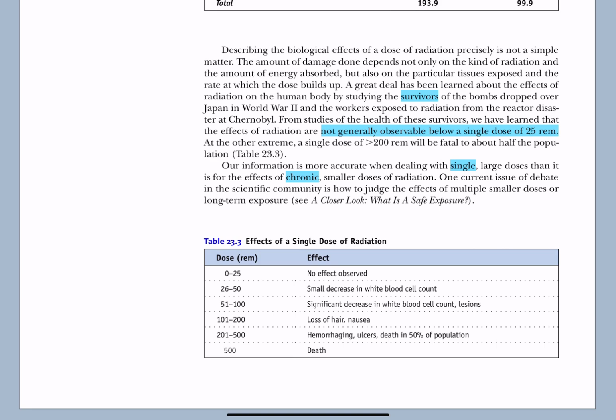If you multiply that by a factor of 10, you get the government limit in terms of how many millirems per year you're allowed to be exposed to if you work in the nuclear field. If you multiply that by 10, then you get this number of 50 down here, which is where we begin to see an actual biological consequence, a decreased white blood cell count.